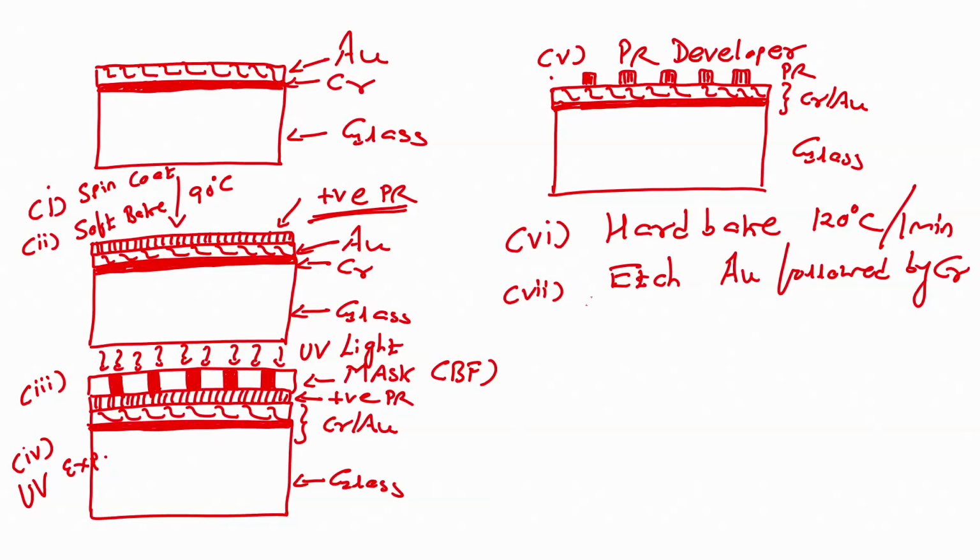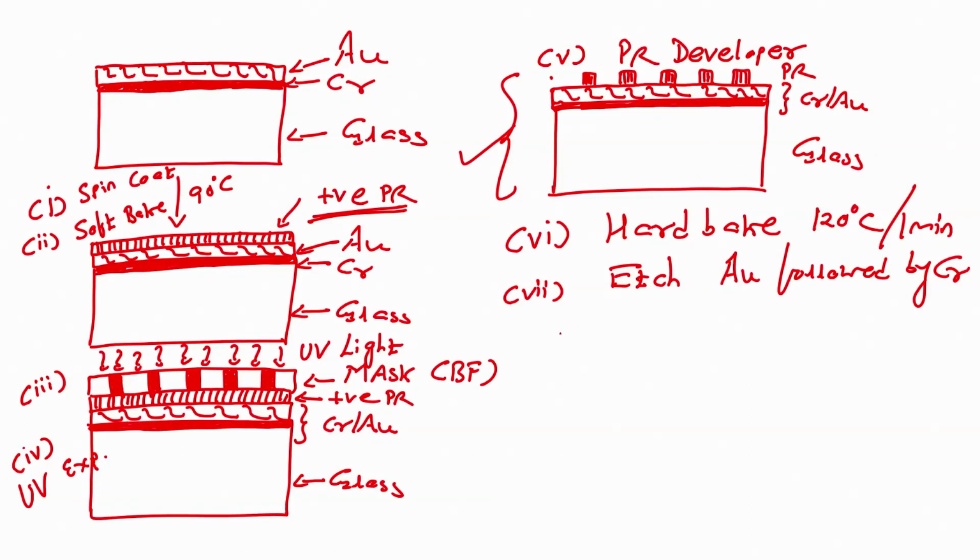How can we do that? We have to dip this wafer in the gold etchant. After gold is etched, we can dip the same wafer in chrome etchant. After you dip the wafer in gold etchant, you have to rinse it.